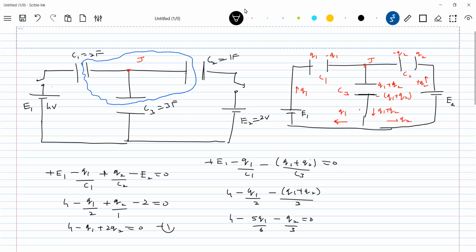Solving these two equations, we'll get the unknowns. Further, I can simplify this. Taking 3 common, it will be 12 minus 5Q1 by 3 minus Q2 equal to 0. Solving equations 1 and 2, we'll get the charges in all the capacitors.